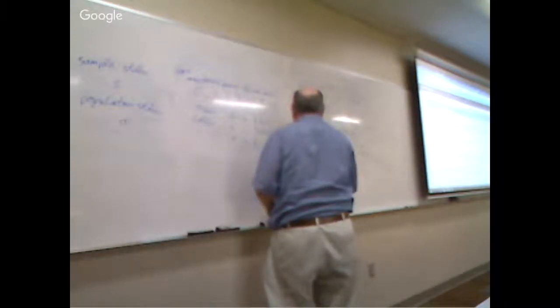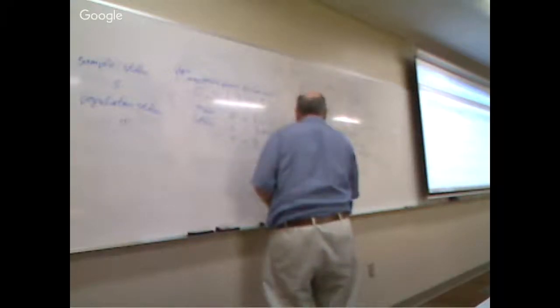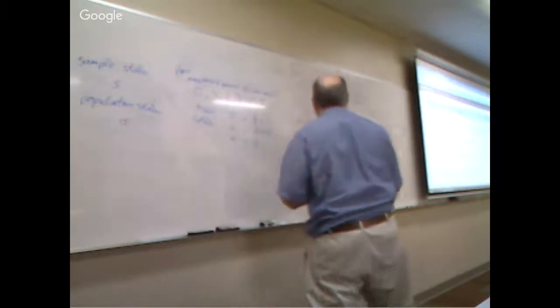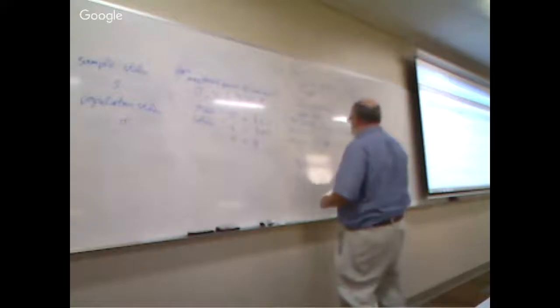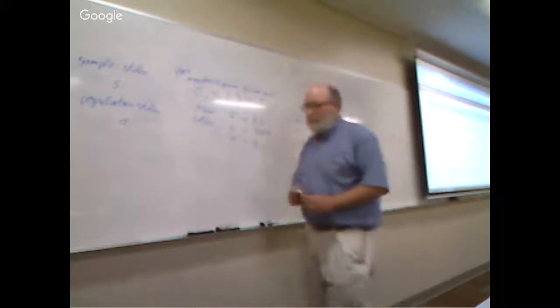Square root of 5 times 3.54 squared over 12.833. And 5 times 3.54 squared over 0.831.